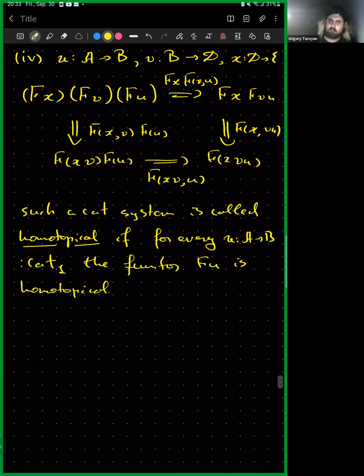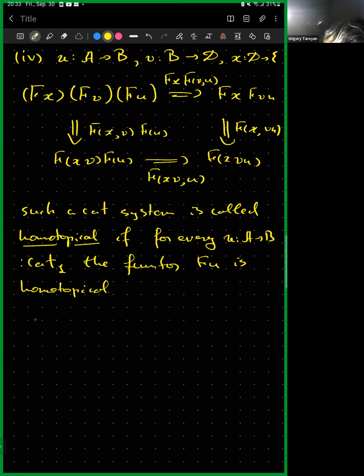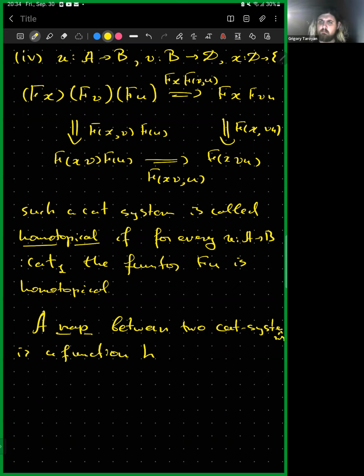Moreover, we can define morphisms between cut systems. It is a function such that for every morphism in a category of small categories, it assigns to it a natural transformation between Fu and Gu.